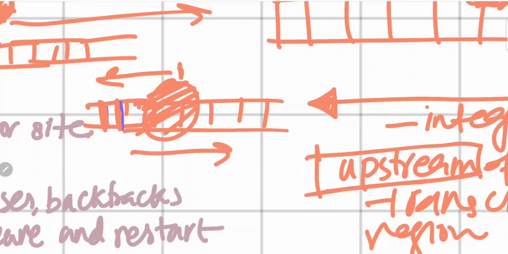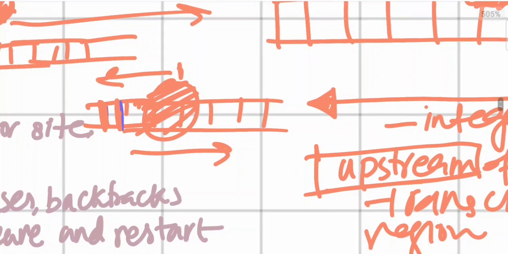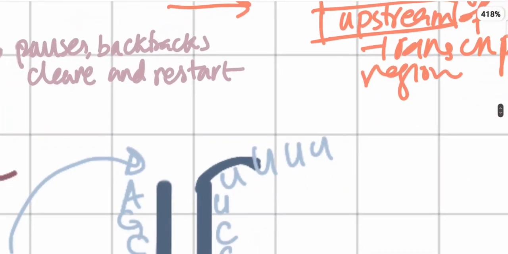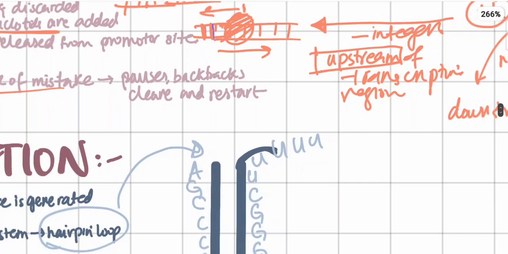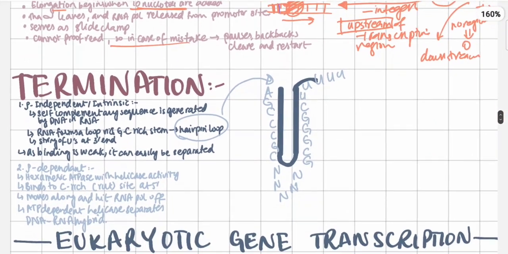So it reverses, it will go in a reverse gear, and then it will correct it, and then it will take its car to a forward gear and then move forward. It is unlike DNA polymerase 3. It does not have a proofreading mechanism.